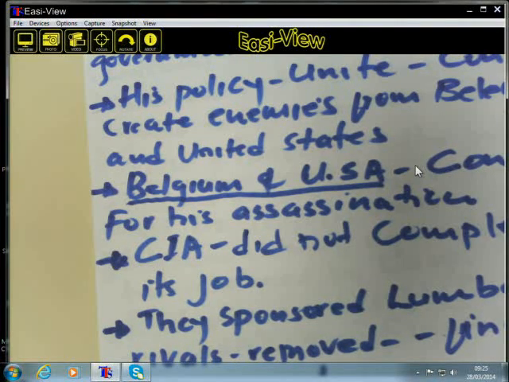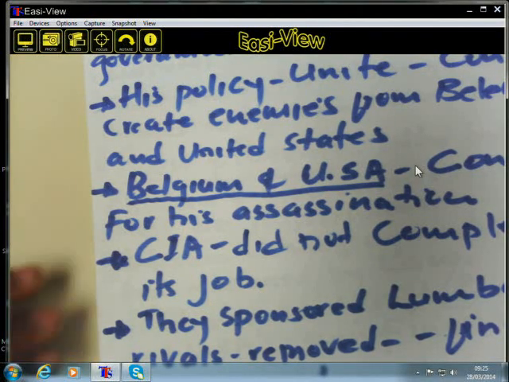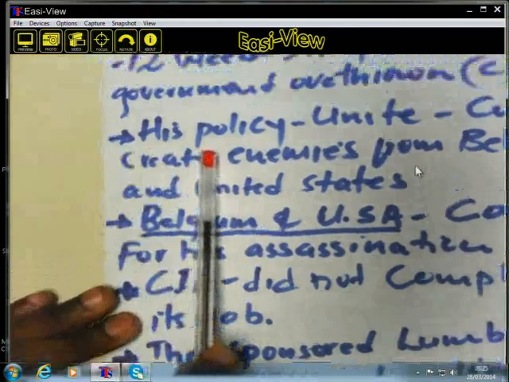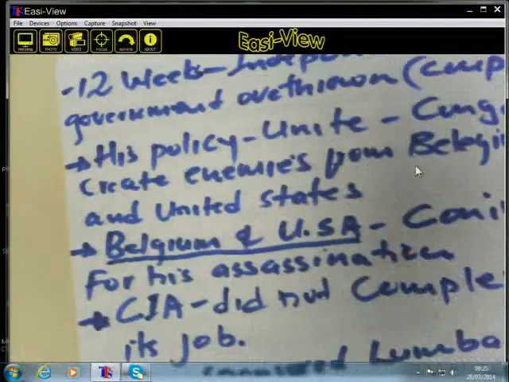After independence, 12 weeks after independence, the government of Patrice Lumumba was overthrown by means of a coup. What were the reasons for that? One of the reasons was his policy in trying to unite the Congolese.